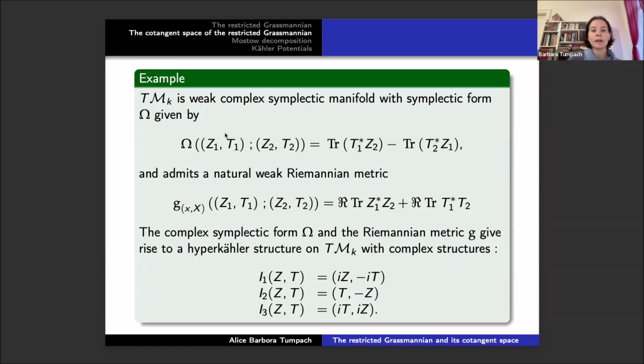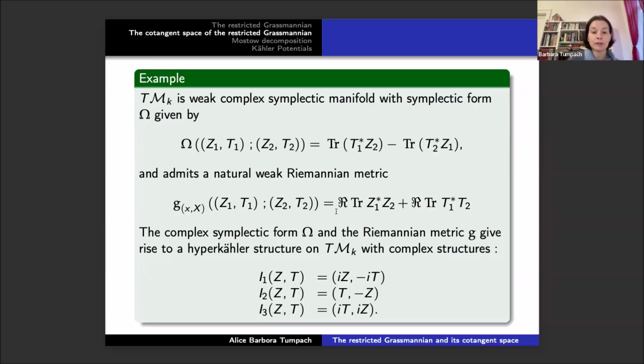So now we take pairs of elements Z1, Z2, which are tangent to the tangent space of MK, and we pair them like this. This gives a natural complex symplectic form. So the real part and the imaginary part of this big omega give two real symplectic forms. And there is a weak Riemannian metric which is compatible with these real symplectic forms, which is this one.